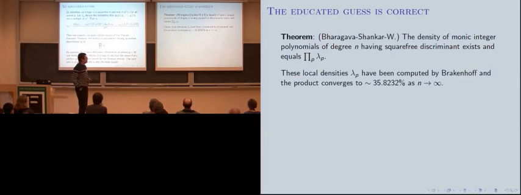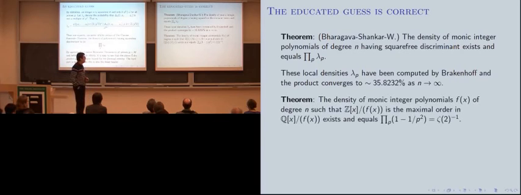What are these local densities? Well, they have been computed by Bhargava. Very nice formula. They depend on n, but as n goes to infinity, the product will approach 35.82%. Okay, so that's one thing you can ask. Another thing you can ask is, how often is Z[x] mod f(x) the maximal order in Q[x] mod f(x)?